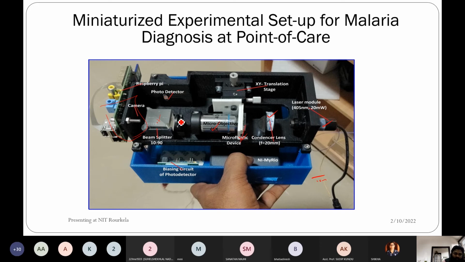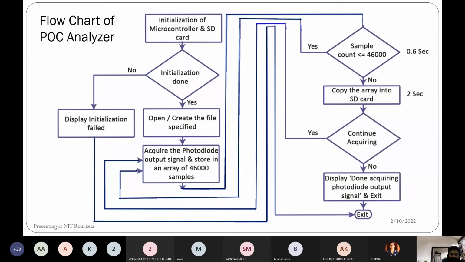To overcome that, a simple camera helps us see whether the micro channel and the laser spot are in proper alignment. The rest of the data collection and analysis for the application will be carried out with the detector and a simple microcontroller, the Raspberry Pi.